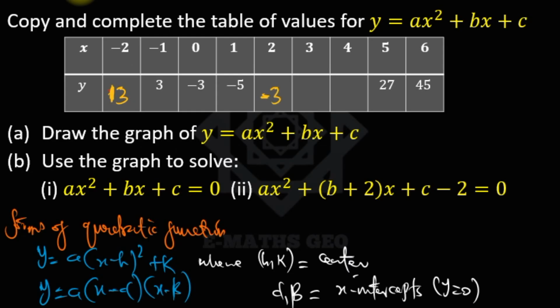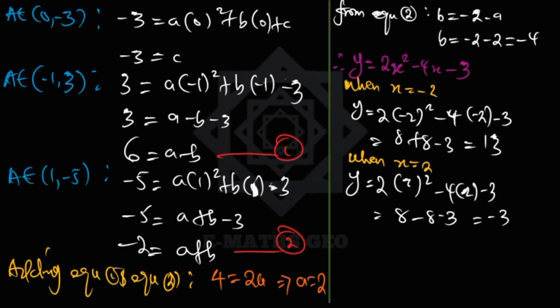So the next point, when x is 3, let's get y. So y is now equal to, substitute, 2 times 3 all squared minus 4 times 3 minus 3.